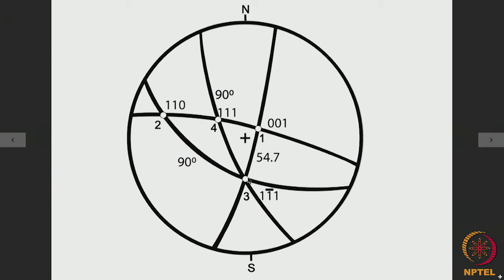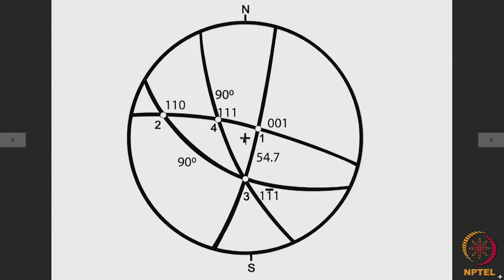Now, our job is to find out what is this particular pole here, because this is the pole which is nothing but the perpendicular to the surface of the crystal. So, the normal to the surface of the crystal is given by this central point here.